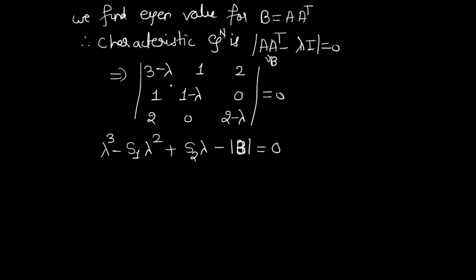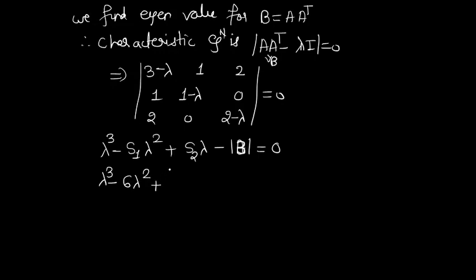S1 is the sum of the diagonal elements of B. What are the diagonal elements? 3, 1 and 2. So how much will it come out to be? Add them: 3 plus 1 plus 2, it will come out to be 6. So it is 6 lambda square.